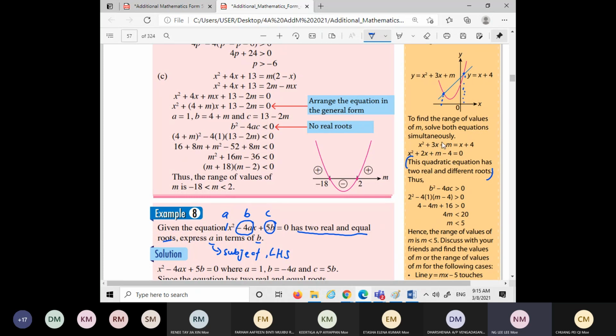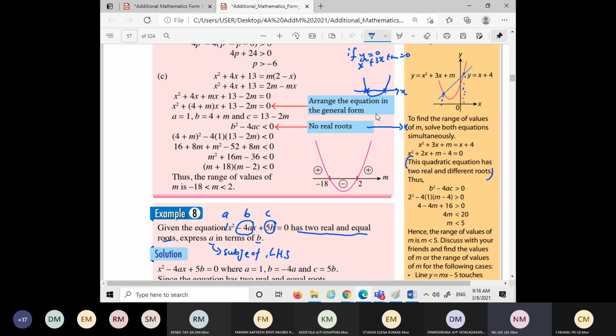You still remember, if y equals 0, then x squared plus 3x plus m equals 0. Something like this, this is the x-axis. If it cuts at 2 points, then b squared minus 4ac is greater than 0.